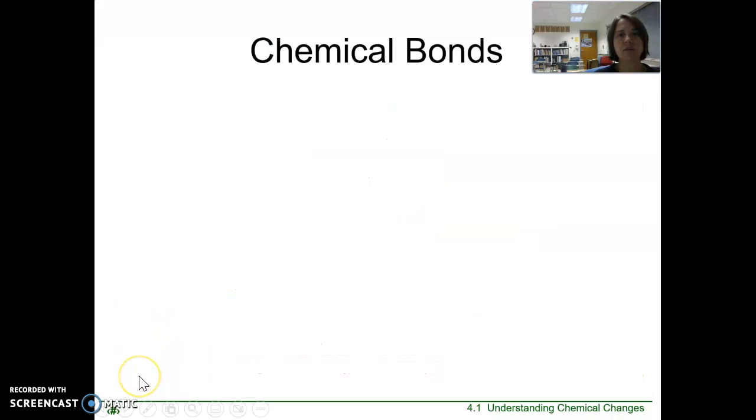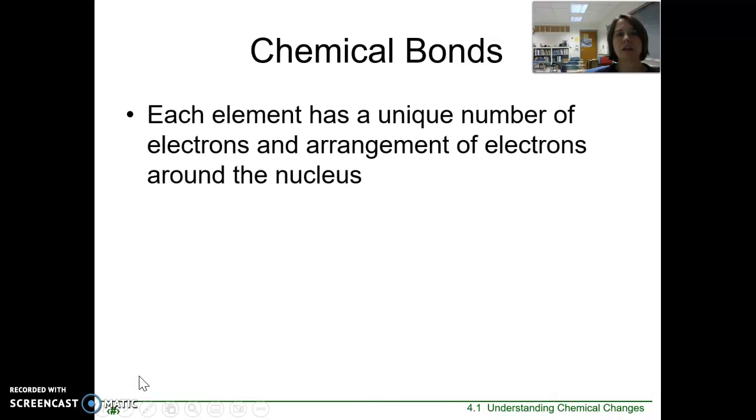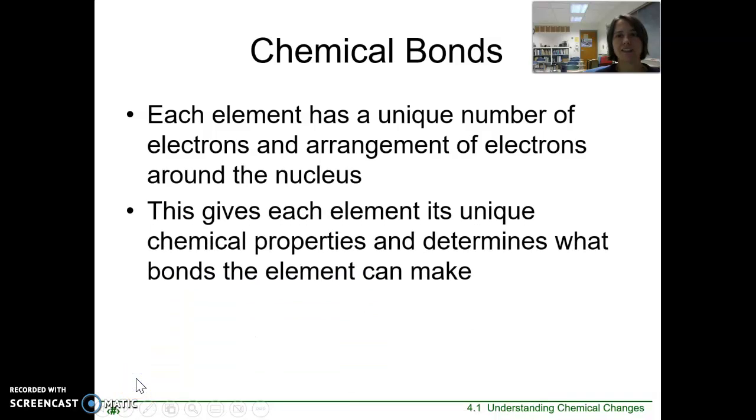All right, so let's write about chemical bonds, please. Each element has a unique number of electrons and arrangement of electrons around the nucleus. The electron is the particle that's really involved with chemical bonds. We were just talking about the electron because it is part of chemical bonds, and that's our segue. This gives each element its unique chemical properties and determines what bonds the elements can make.